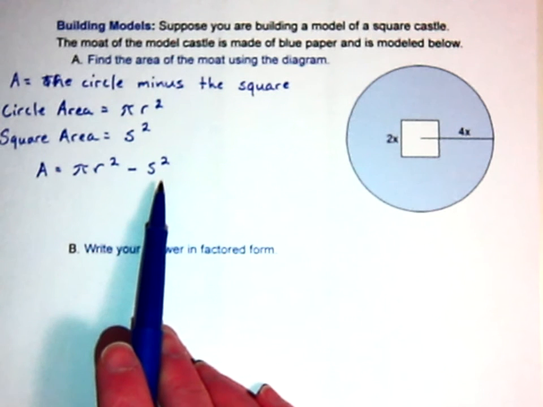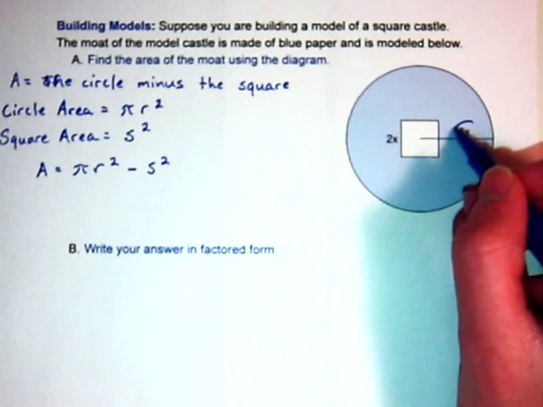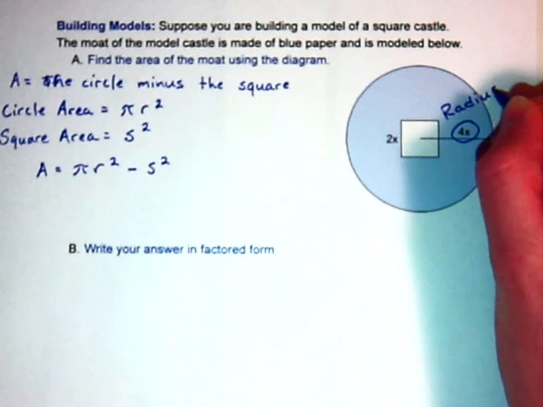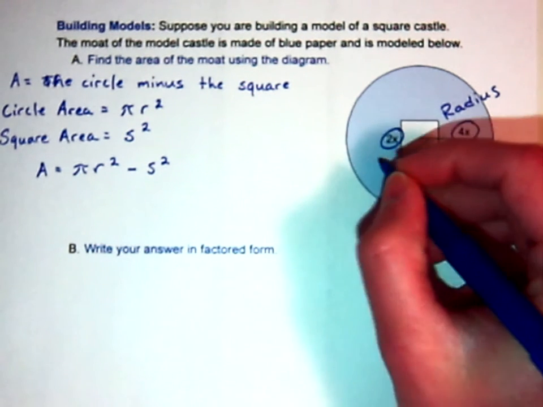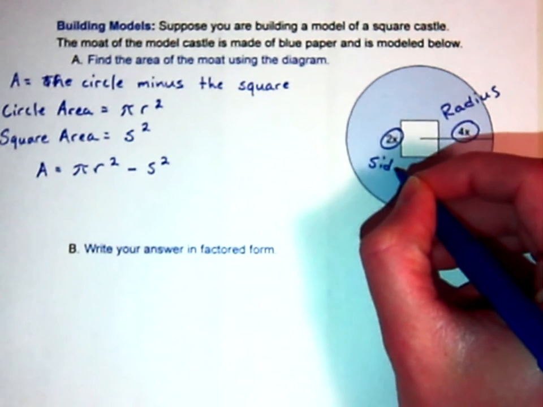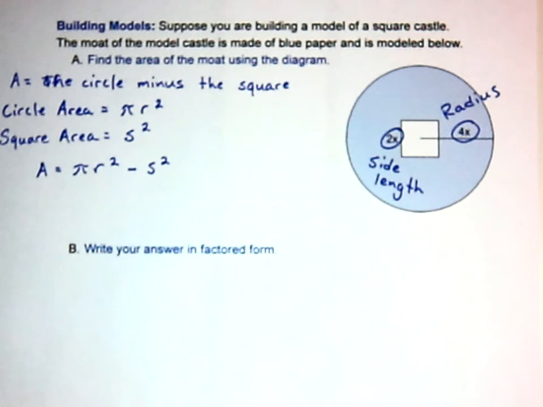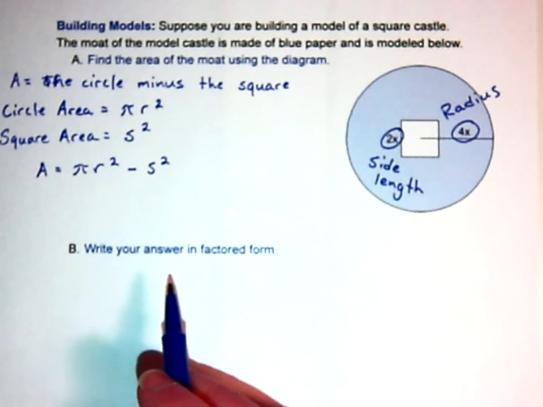And the answer is yes. The radius is over here, and this is the side length of our square. So I just plug in those values where I see their representative variable.